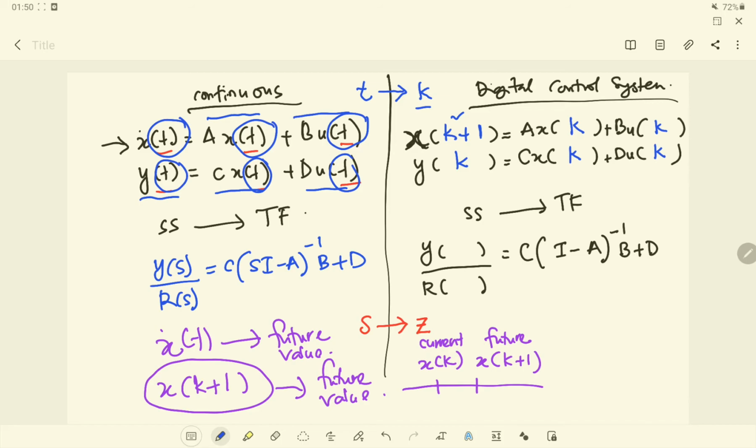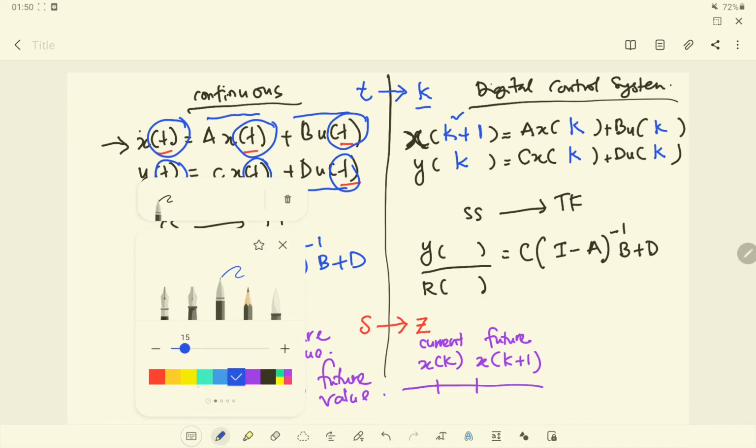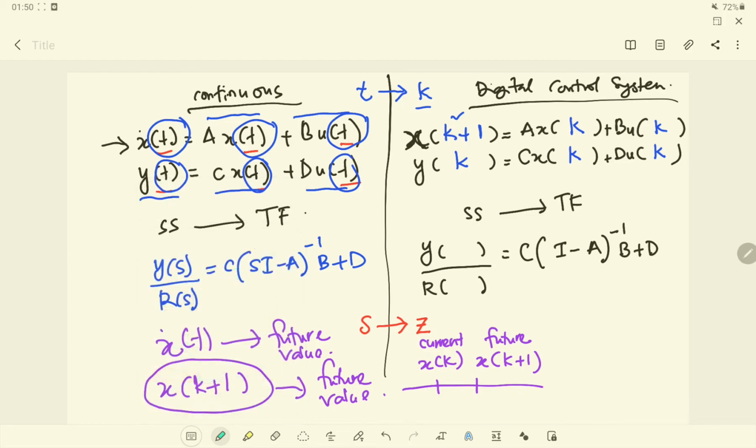So I repeat again. In the continuous form, the first variable is x dot t, which everybody knows is a future value.